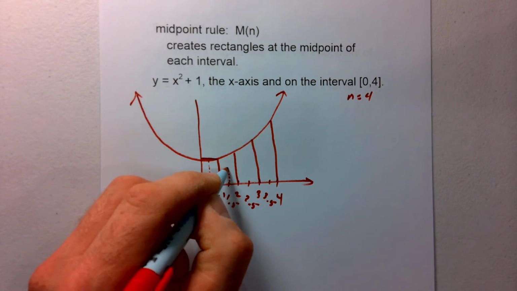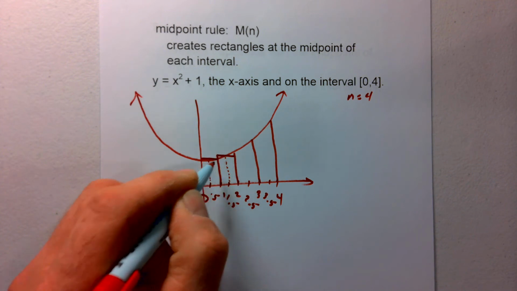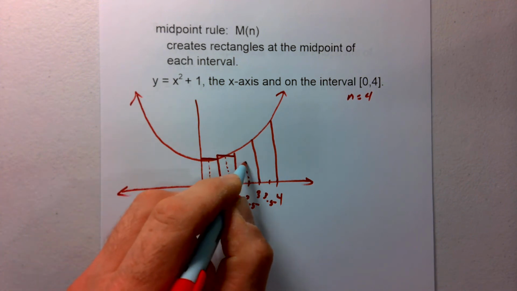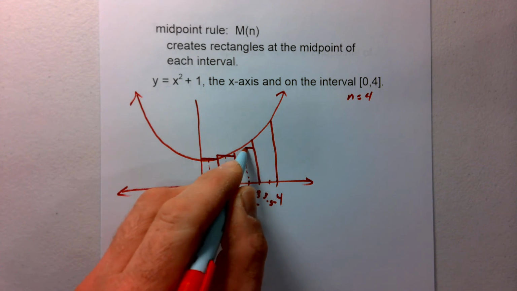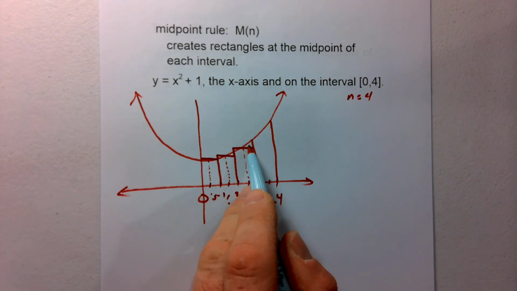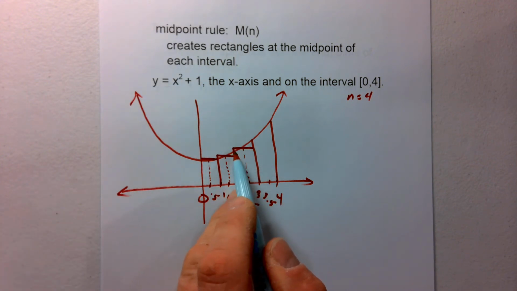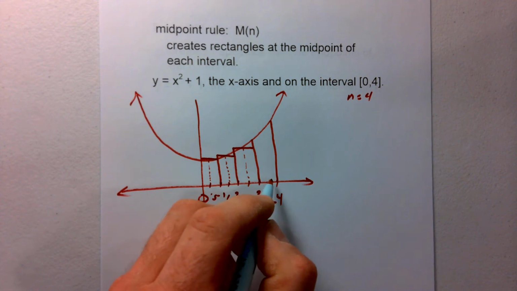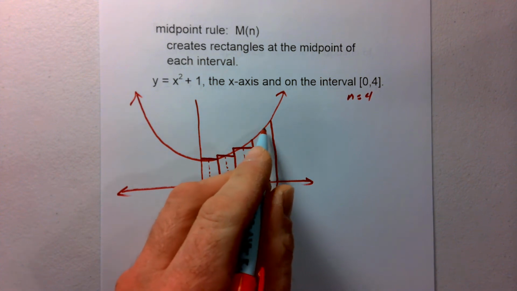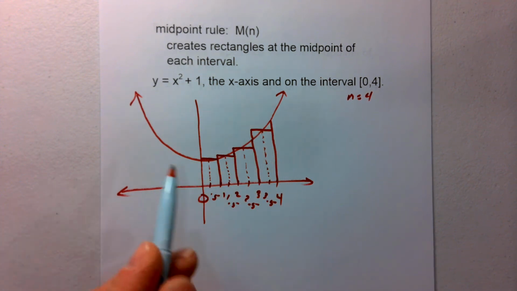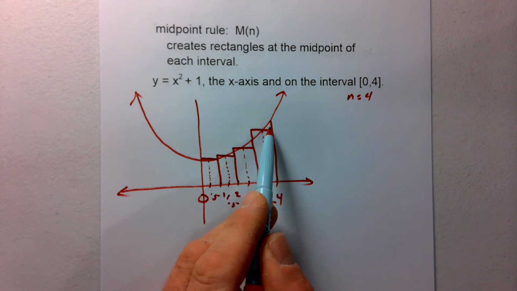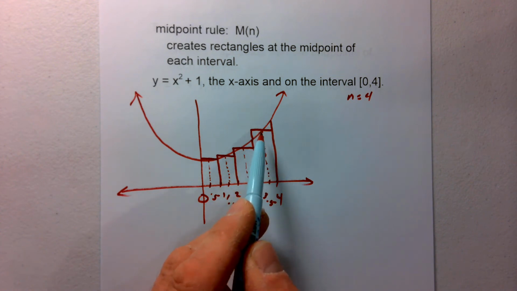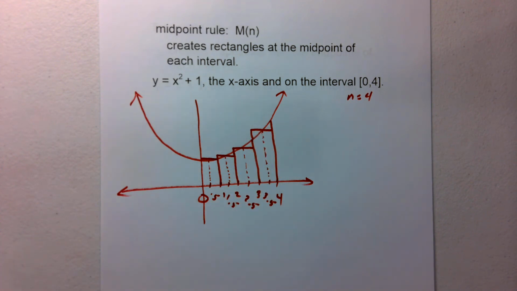And notice as we do this, it's more prevalent over here as we get a little farther away from that origin. When we do that, notice we have a little bit on the inside and a little bit on the outside. And these regions are pretty close to being about equal to each other, if I were a better artist, I guess. Oh, that one looks better. So notice that area there is very close to this area here. It's not exact, but it's going to be pretty close for us.